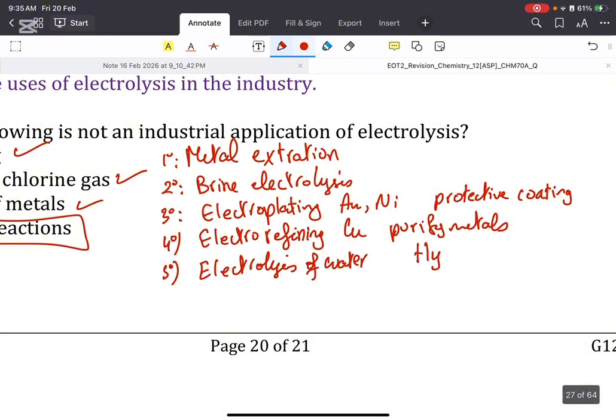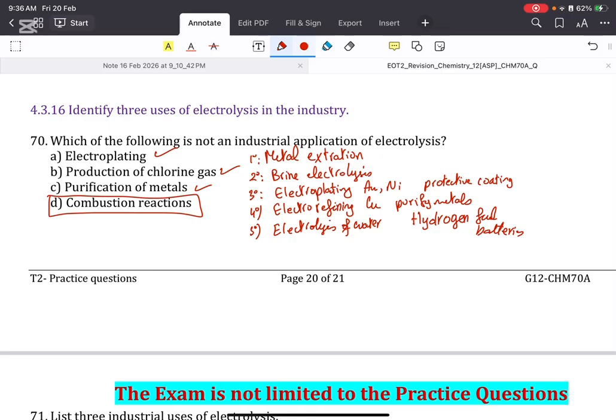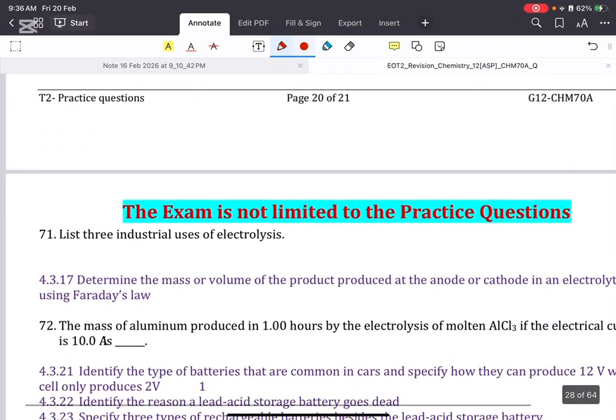Usually this is done in hydrogen fuel batteries. Okay, so just in case, to be on the safe side, if they changed the multiple choice given, the choices are given, and they ask you to select an industrial application of electrolysis.